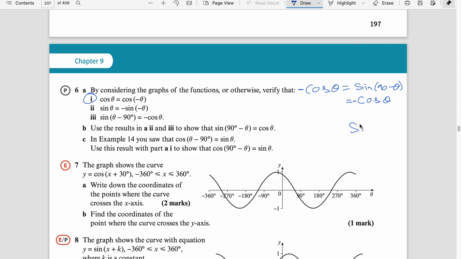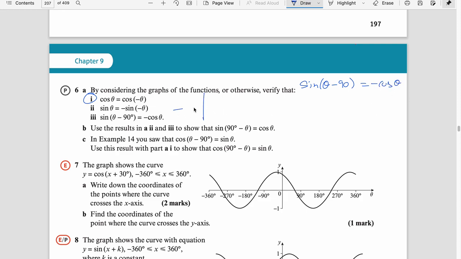Because the true identity was 90 minus theta, and this is theta minus 90 in the question. I've written the identity; I should have copied the question. Let me first clear this confusion. This was theta minus 90, so let me just replace it. So the question is sine of theta minus 90 equals minus cos of theta.